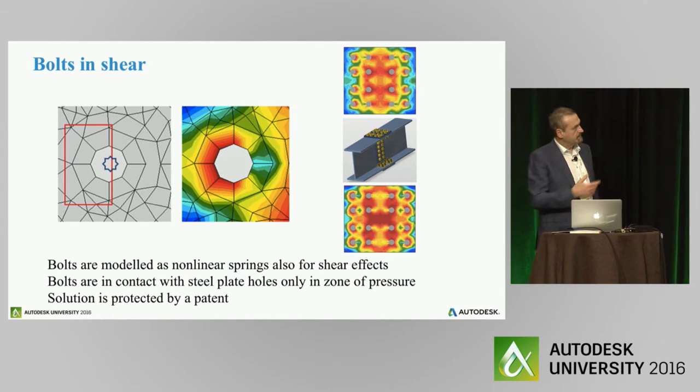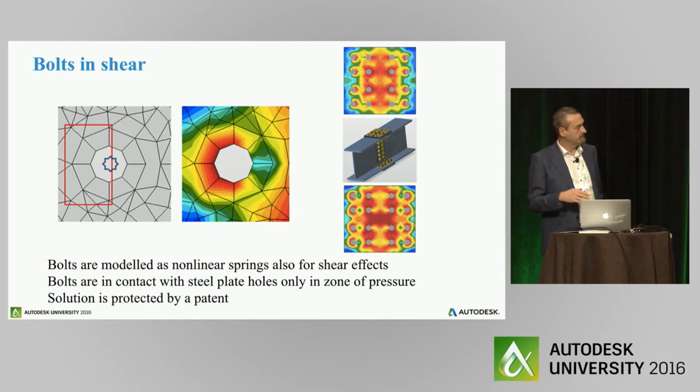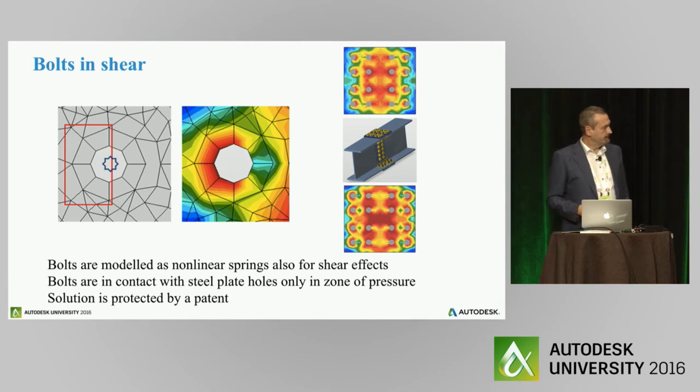On these pictures you can see the plate on the top flange of the beam connection on the bottom flange, and you can see that all plates are loaded in opposite directions.